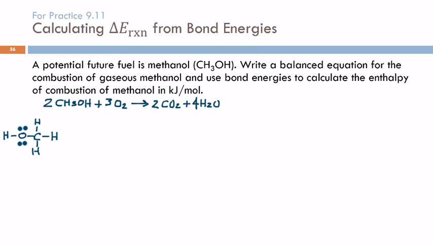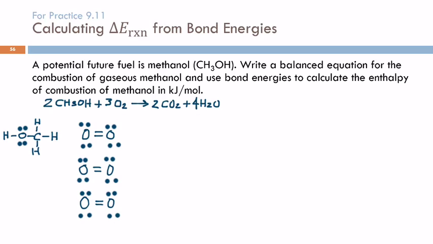Then we've got oxygen. Actually, we've got 3 oxygens, don't we? So when you're drawing those, you're not drawing it with the balanced equation stuff? Well, yeah, I am. Why aren't you drawing 2 carbon? 2 methanols, because I didn't start out that way. Oops.